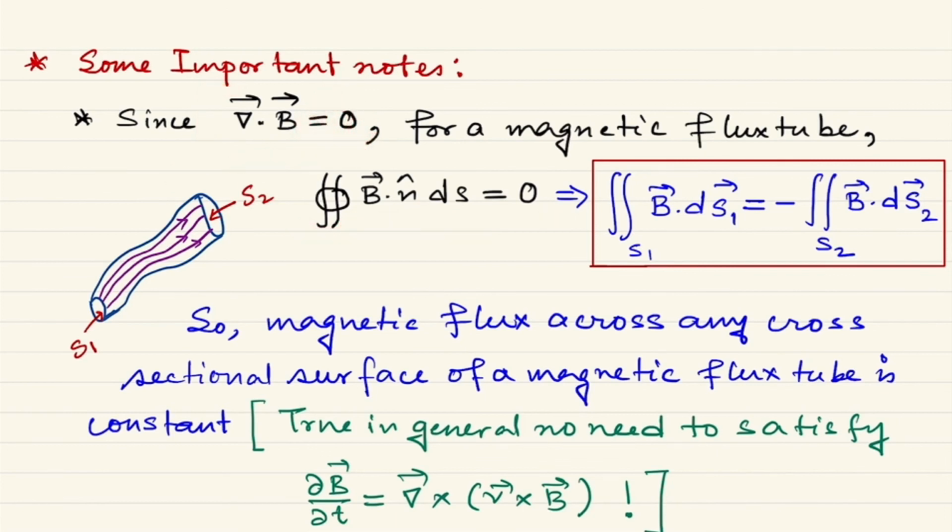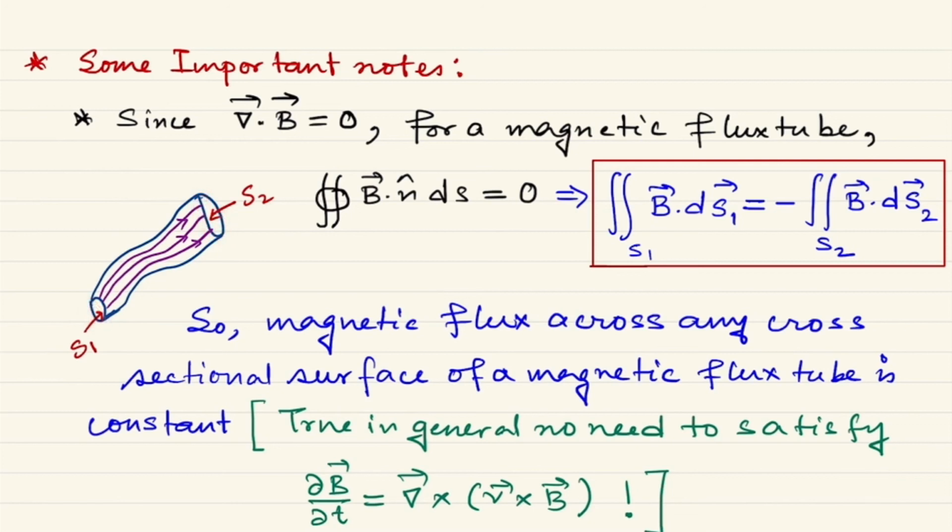Now the direction of the area of the lateral surface is always perpendicular, whereas the direction of the magnetic field at every point is tangential. That's why the flux vanishes at every point of the lateral surface. So it is only non-zero at this surface and this surface.